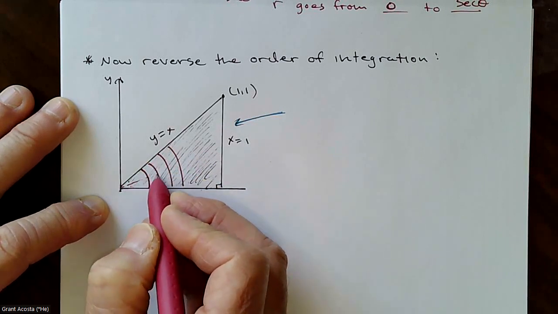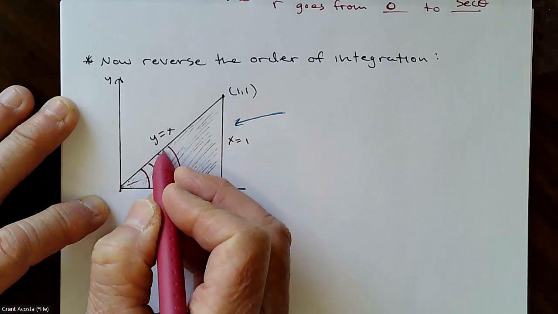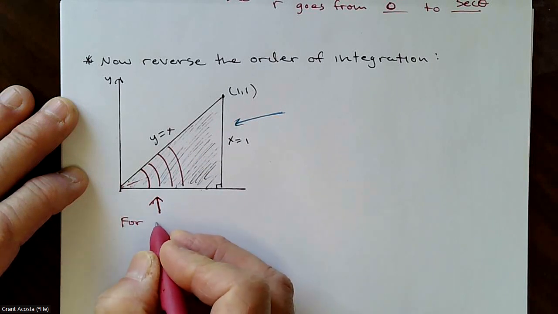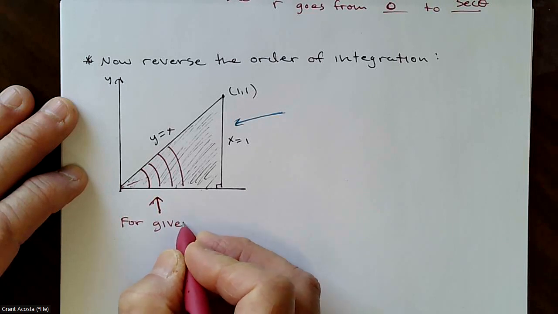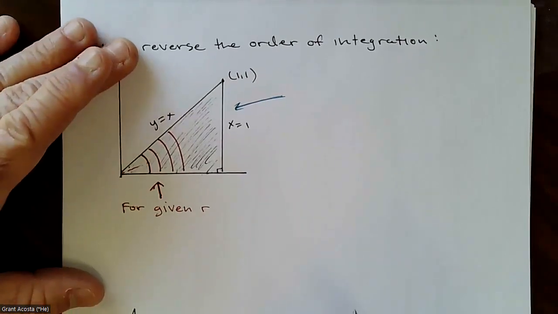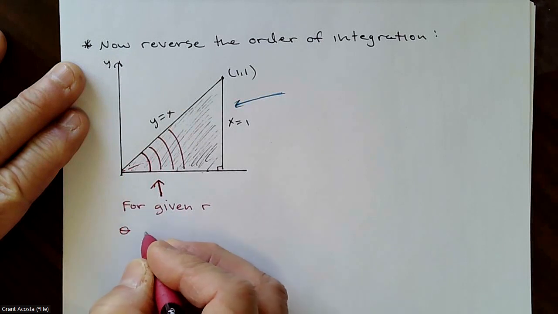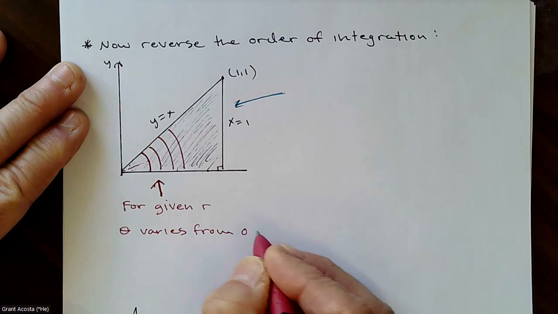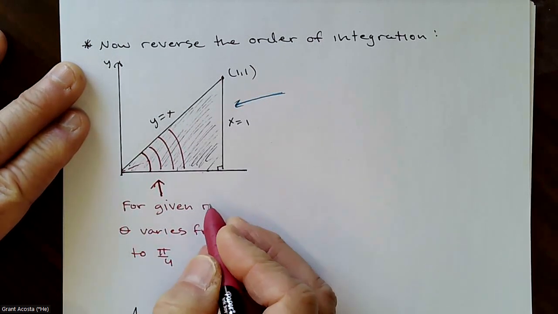Well, theta goes from 0 to pi over 4. Another name for arbitrary is just given or random. So for a given r, theta varies from 0 to pi over 4. But is that always true?